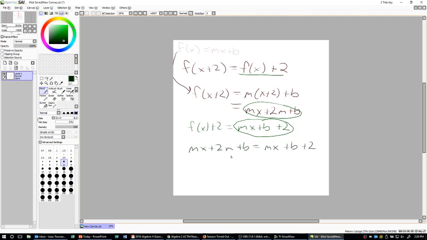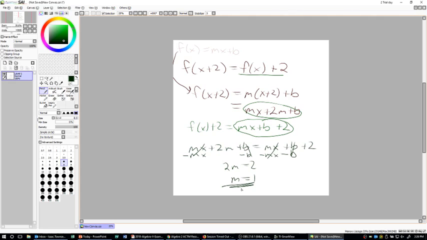Okay, so we can subtract a mx from both sides, but they both go away. We could subtract a b from both sides, but they both go away. So we're left with this, and divide both sides by 2. We figure out that the slope has to be 1.